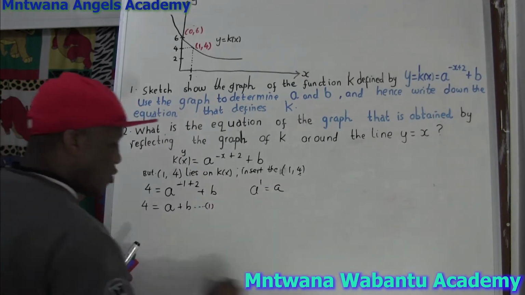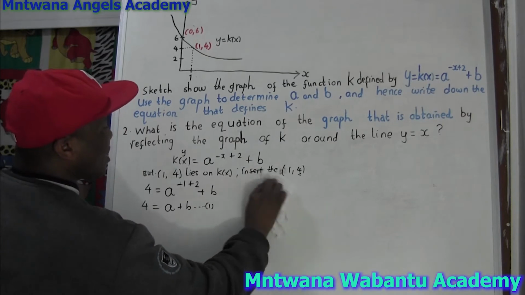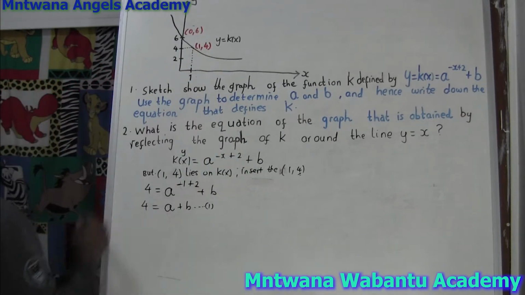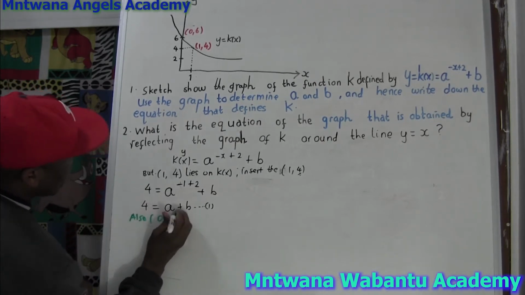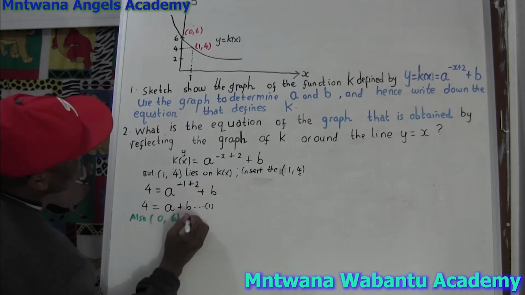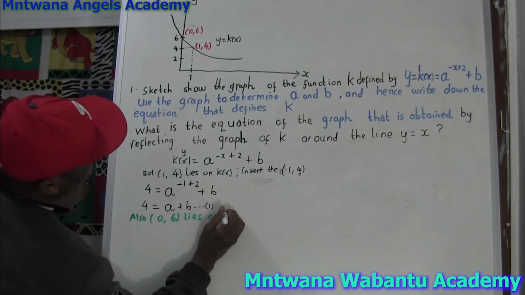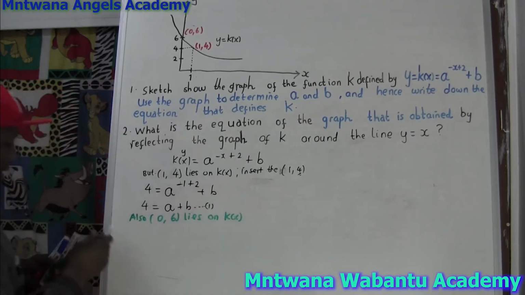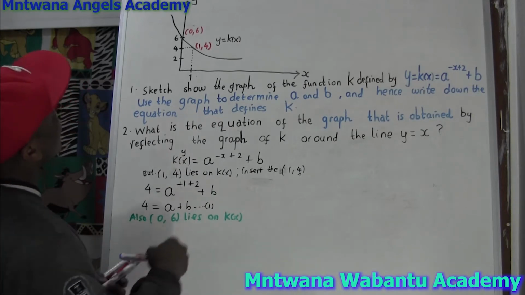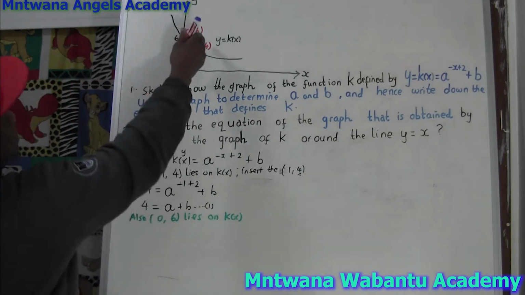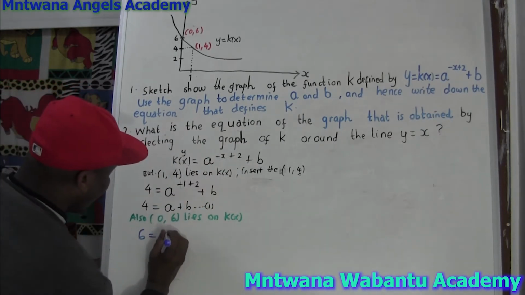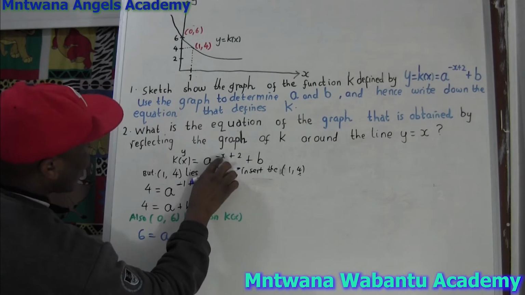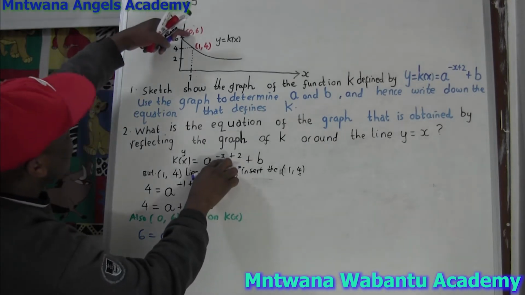So now I'm going to take another coordinate which lies on this equation. Which coordinate? I'm going to use the same strategy for (0, 6), which also lies on k of x. So for that case, we can substitute these coordinates. y equal to 6, so here we're going to say 6 equal to a to the power negative x, and what is x? x equal to 0.